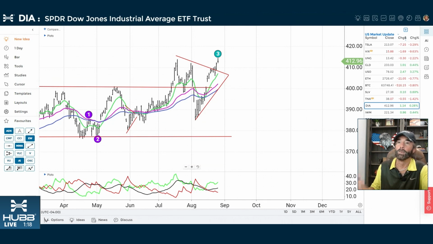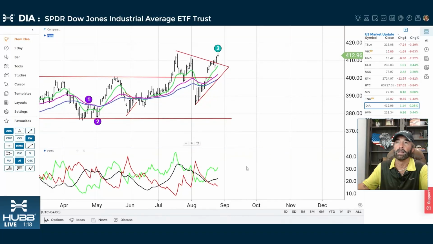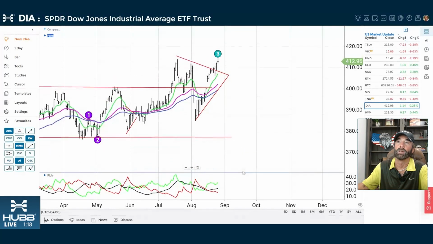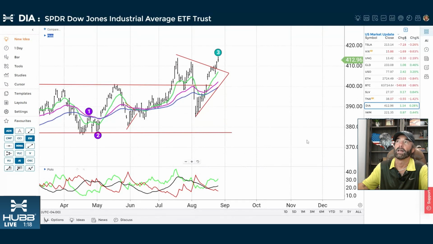So if there's a little bit of concern from moving into safer havens, safer sectors, as we move towards those rate cuts and whatever happens with the election, whether it's a buy the rumor, sell the news or not, you can see that we have a pretty well set up DMI on the Dow as well, much better than the S&P. If you remember, the S&P doesn't have a DMI that looks anything like that.